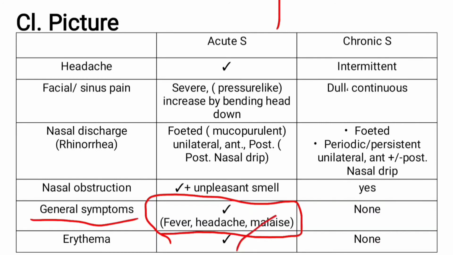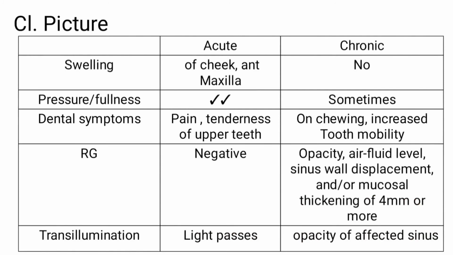Erythema is one of the general symptoms, and the chronic condition doesn't have these general symptoms. It's specific to the acute condition. Also, the swelling of the cheek and anterior maxilla is confined to the acute condition. There's a sensation of fullness due to the swelling in the acute condition, rarely in the chronic condition.